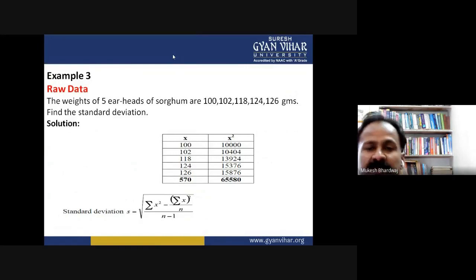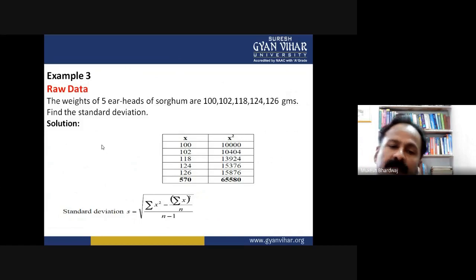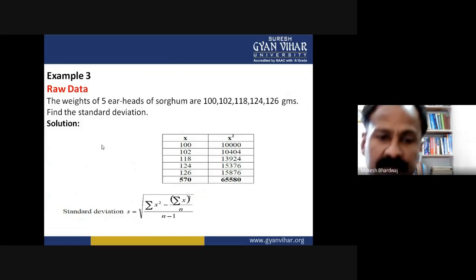This is the example given for the raw data, and you need to find the standard deviation. As per the formula, we are going to create the table: arrange the data in columns, introduce the columns according to the formula, do the totaling, and put all the totals, because the summation terms are to be used in the formula.